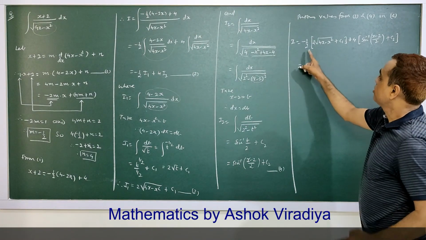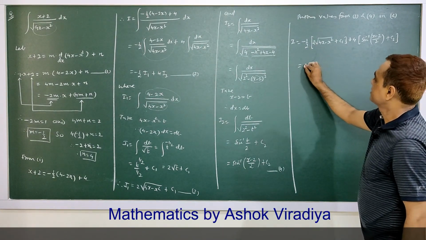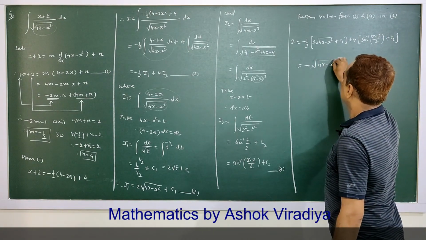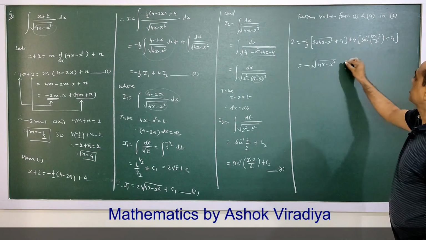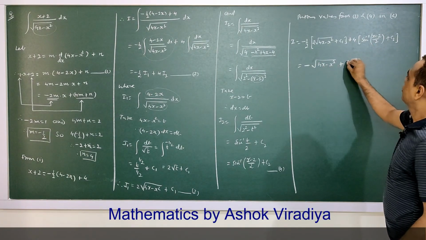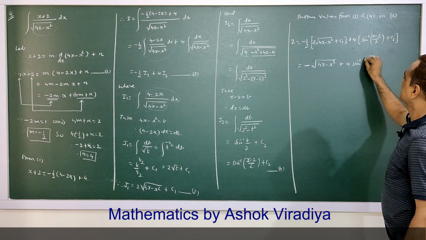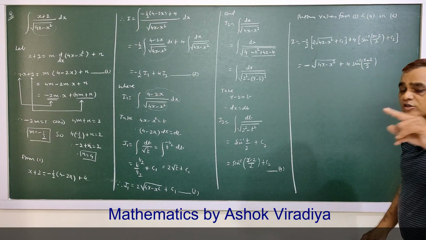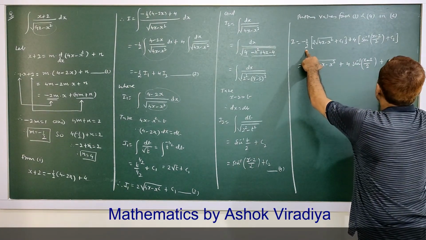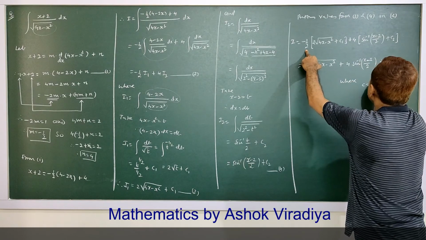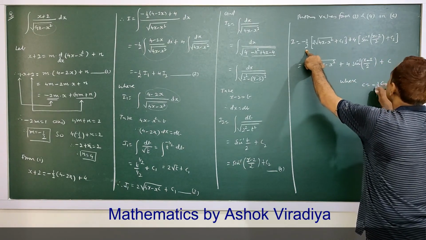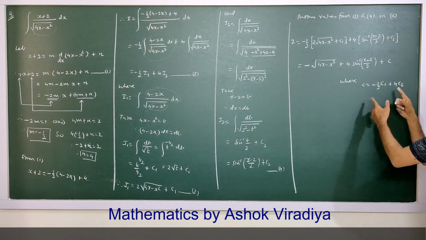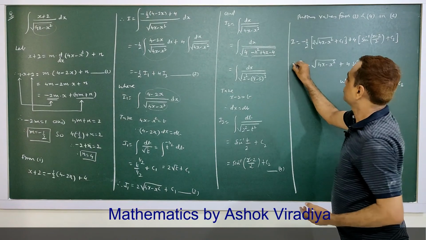So this is equal to minus 1 by 2 times 2, that is minus root 4x minus x square, plus 4 times sine inverse of x minus 2 by 2, and joining constants, plus c, where c is minus 1 by 2 c1 plus 4 c2. Constant plus constant is constant, so this is the value of I.